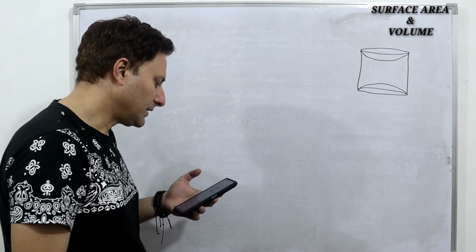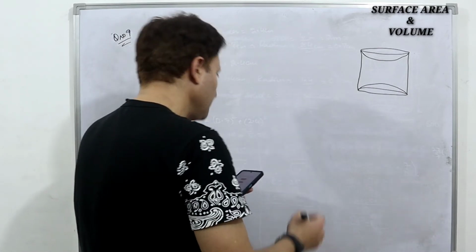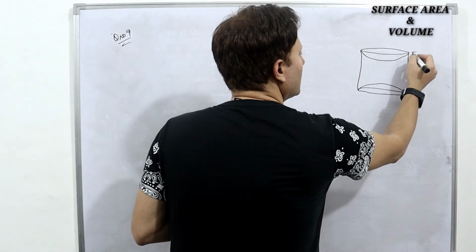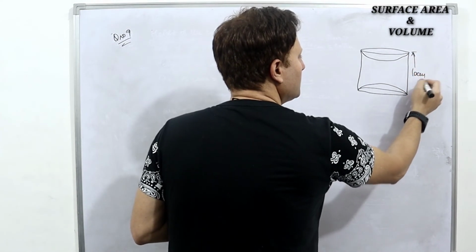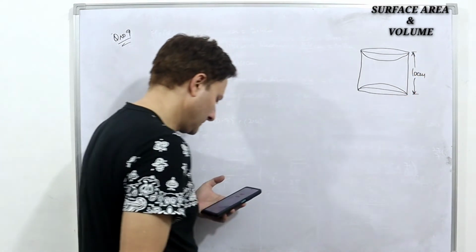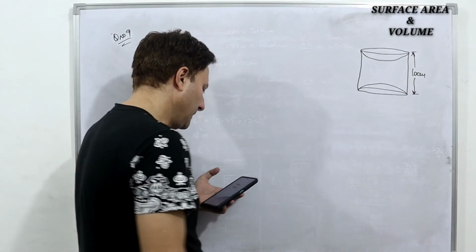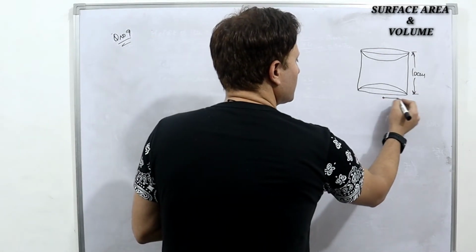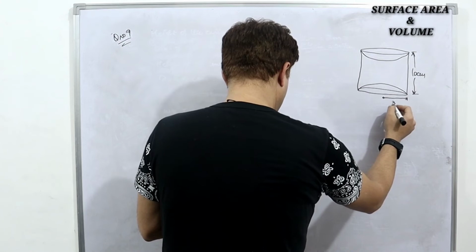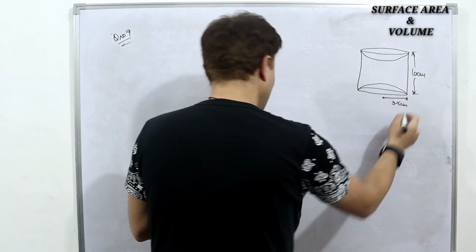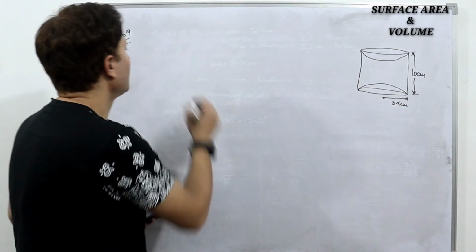If the height of the cylinder is 10 centimeter, and the base radius is equal to 3.5 centimeter. Find the total surface area of the article.